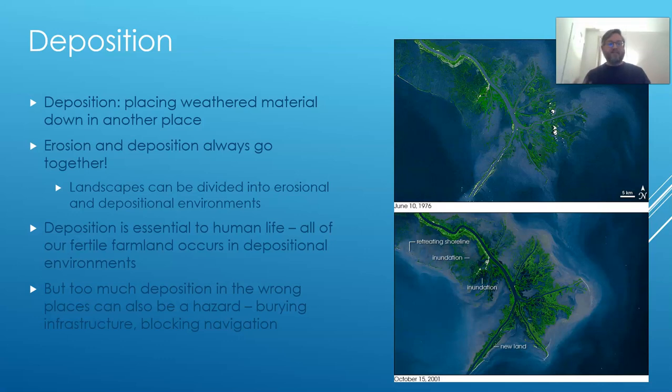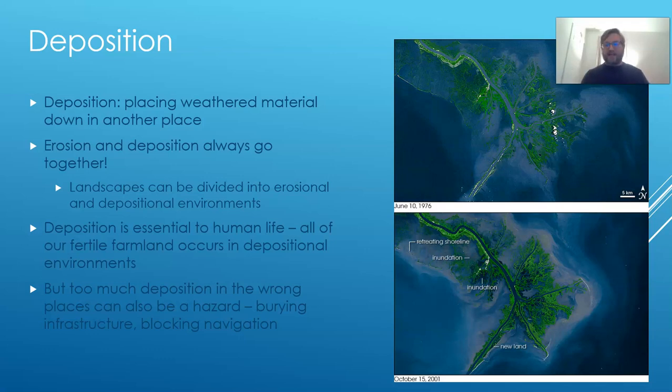But on the other hand, too much deposition in the wrong places can also be a hazard. If you're getting a lot of deposition in a particular spot, that could bury your infrastructure, right? It could bury houses and roads and so forth that we depend on. It can also block navigation.